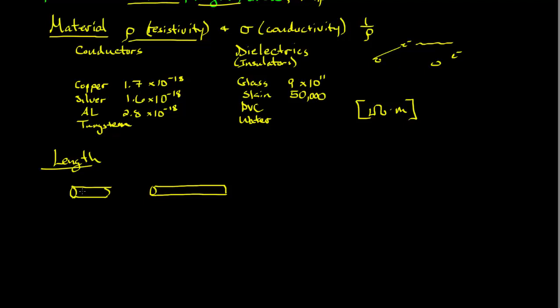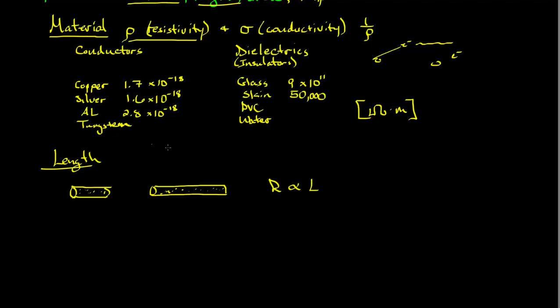You now have maybe twice as many atoms that it has to bang through to get through this material. And so the overall current that's moving through has been restricted. And so as the length increases, the resistance goes up. So resistance is proportional to the length.